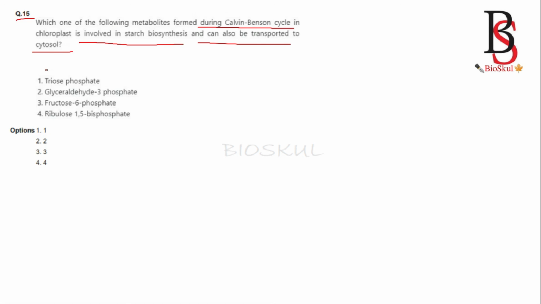Let's see the options: triose phosphate, glyceraldehyde 3-phosphate, fructose 6-phosphate, ribulose 1,5 bisphosphate. You can get confused between the first two options, but the correct option will be triose phosphate, because glyceraldehyde 3-phosphate is also a triose phosphate. The correct answer is option 1.